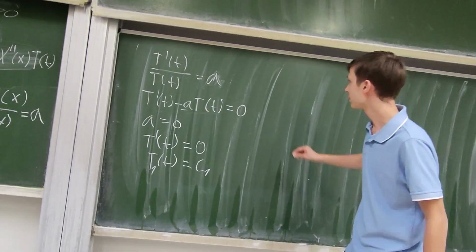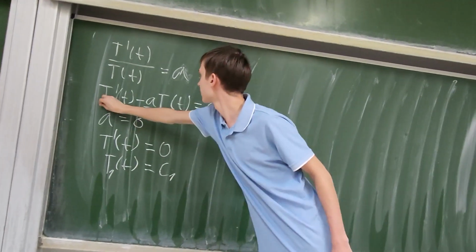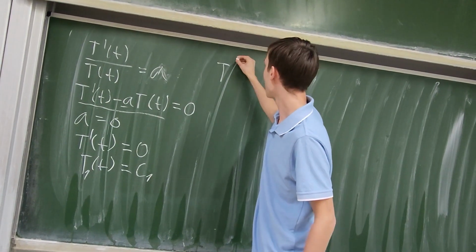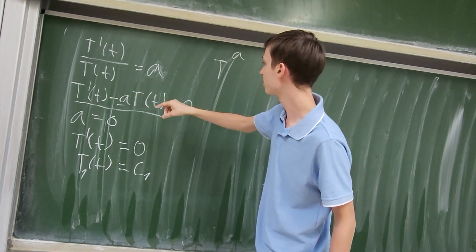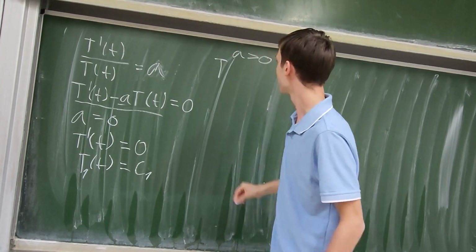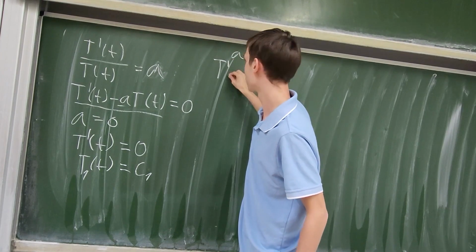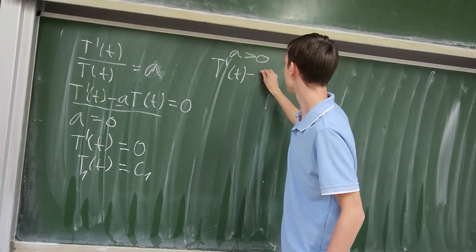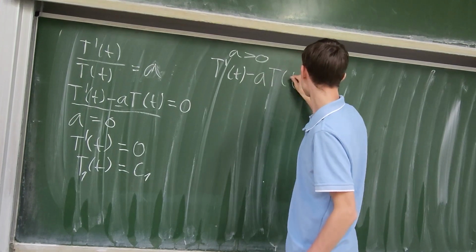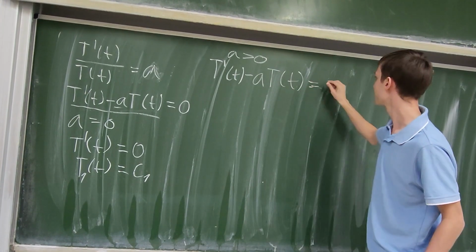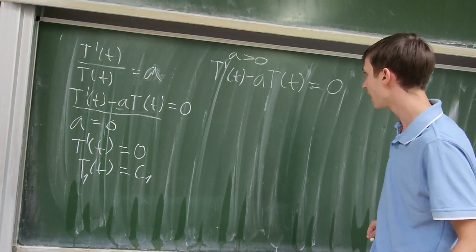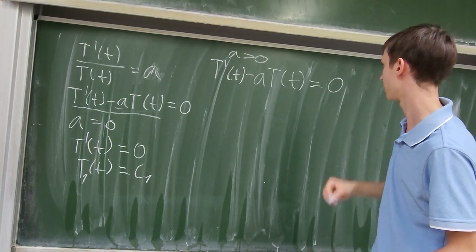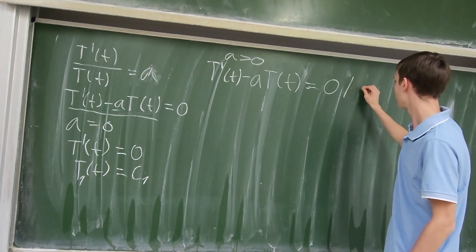Then the second option is, I'll just write this form, that a will indeed not be 0, it will be bigger than 0. In such case, we have T prime of t minus a T of t, a linear ordinary differential equation, and via an integrating factor this can be solved quite nicely as well.